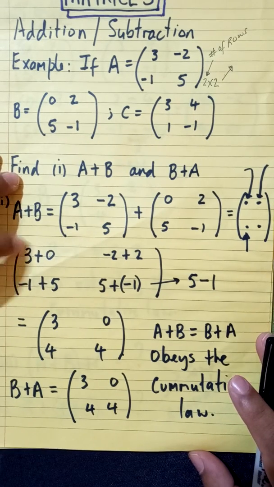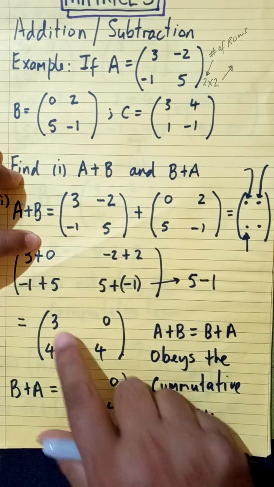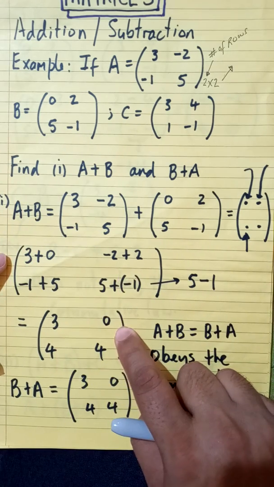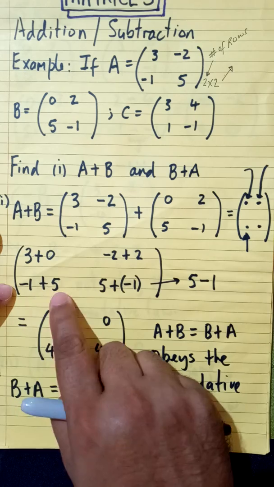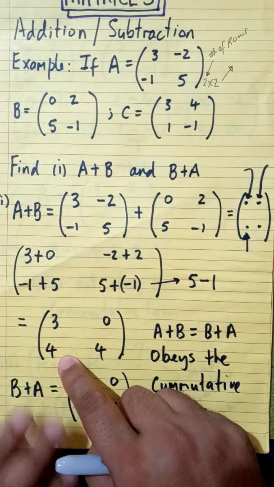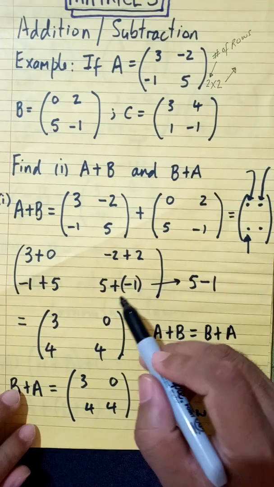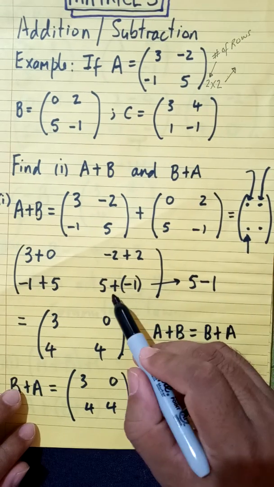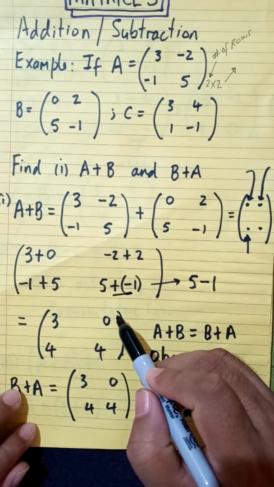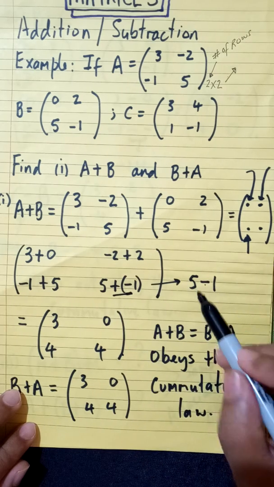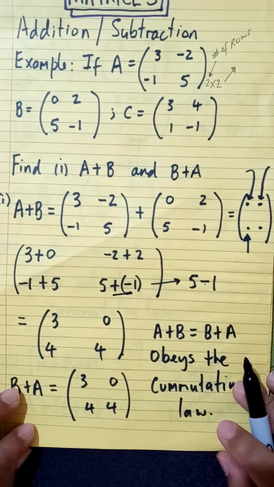As you can clearly see, 3 plus 0 is 3, and negative 2 plus 2 is 0. Negative 1 plus 5 is 4. And at this point, remember I told you that whenever you have 2 signs together, we use the rules of multiplication. So a positive and a negative will give us a negative. 1 from 5 will give us 4.